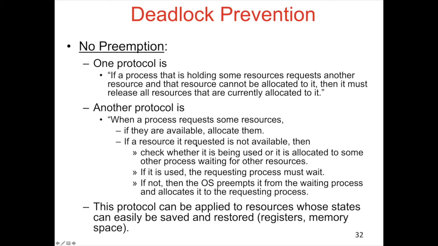If a resource it requested is not available, then check whether it is being used or it is allocated to some other process waiting for other resources. If it is used, the requesting process must wait. If not, then the operating system preempts it from the waiting process and allocates it to the requesting process.